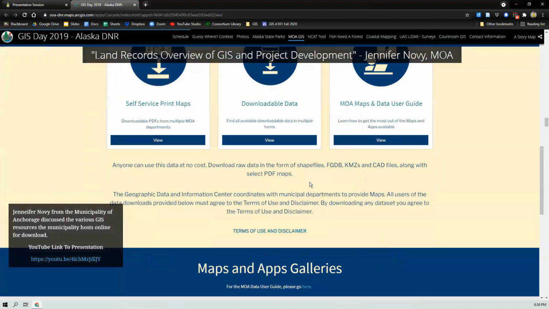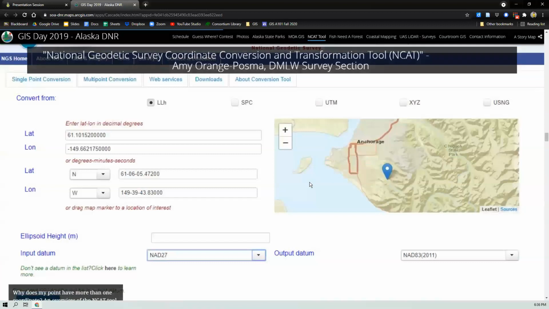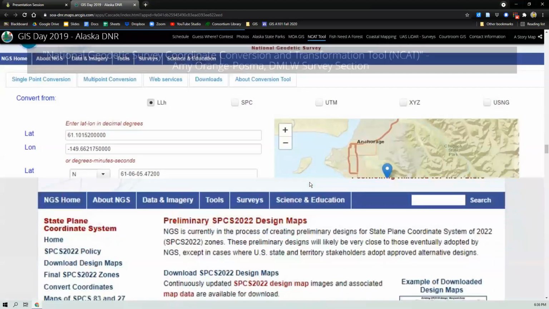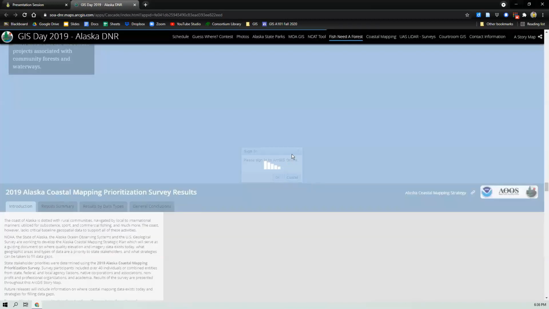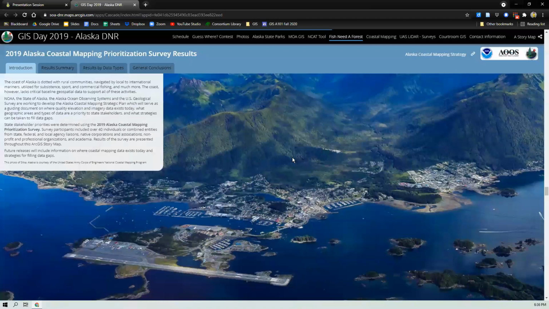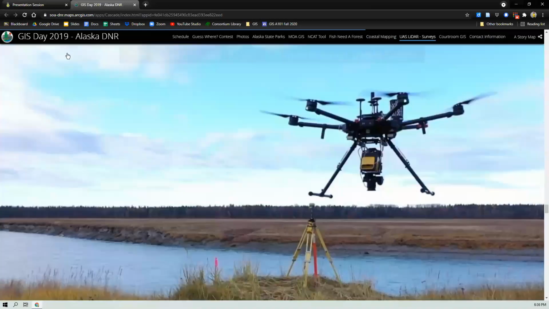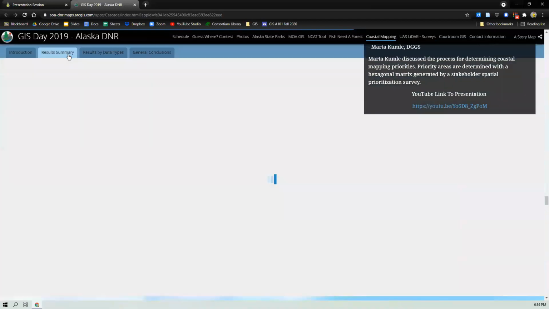And going on in this story that someone so nicely put together, you can see that you can provide a lot of information to the public through this environment. And one of the ways that's done here is through mapping. And I think Marta's map had some other, yep.